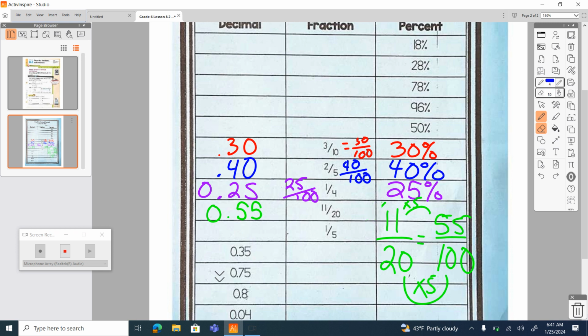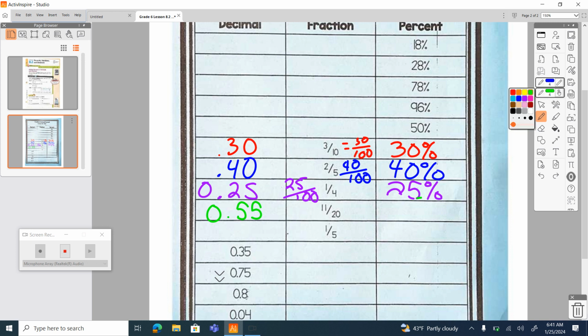Erasing this one. Oh, we just did that one. Whoops, that was, again, 55 over 100. And let's go ahead and do the last one, 1 over 5.